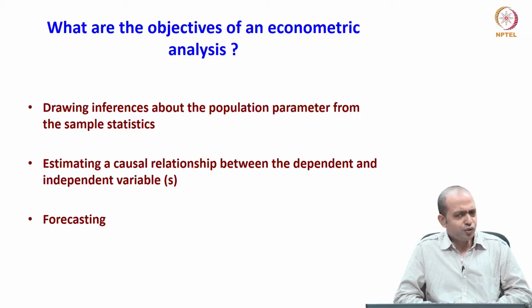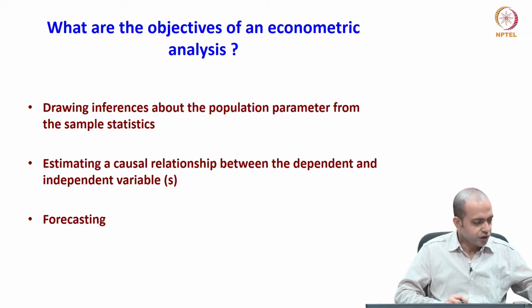But is it possible to think in another way? Can consumption also lead to income? Apparently, you may think, no, it is not possible. It is only income that should lead to consumption. But how will consumption also lead to income? Yes, it is possible.